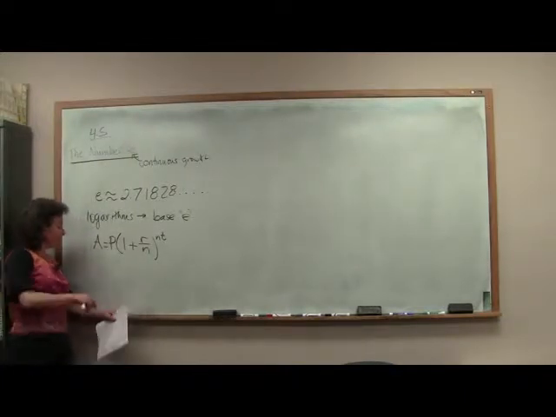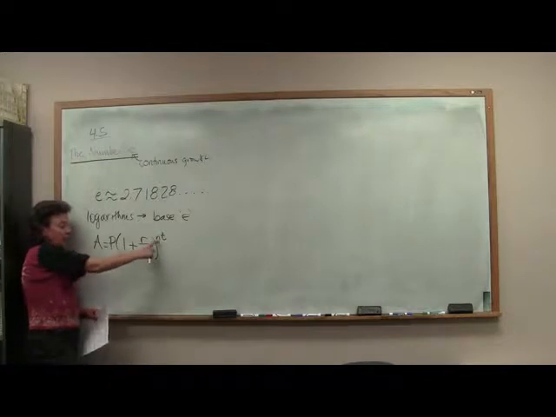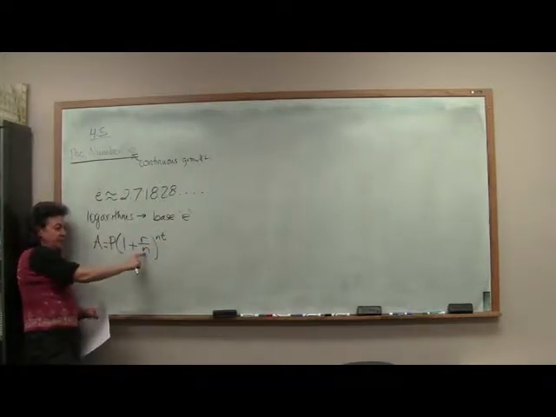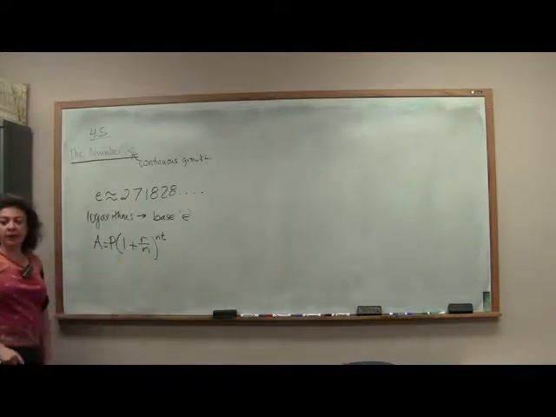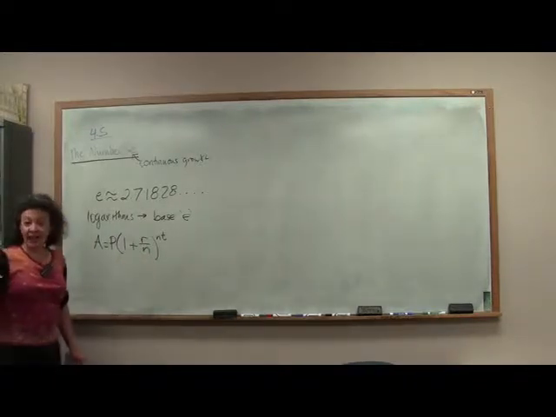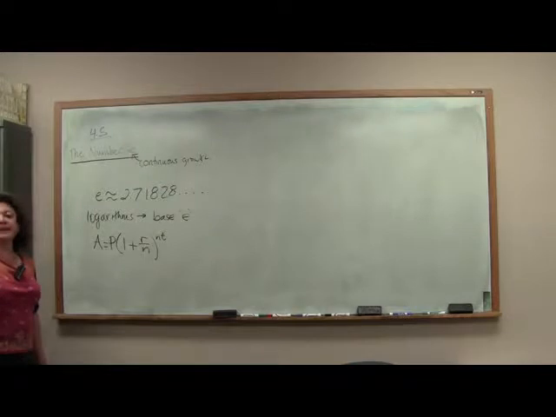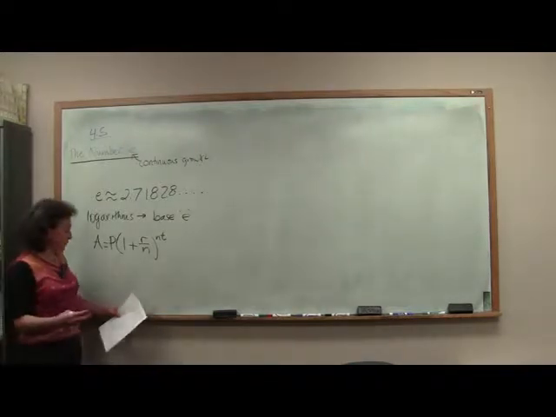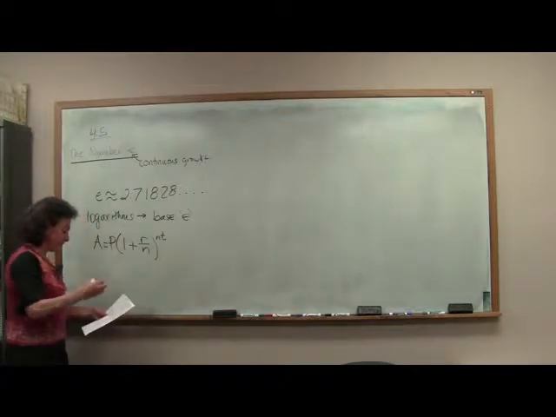Okay? Now, so remember, our N changed depending on how many times a year interest was compounded. So if interest is compounded, say monthly, we had N to be 12. If it was weekly, N is 52. If it was daily, we use N to be 365.